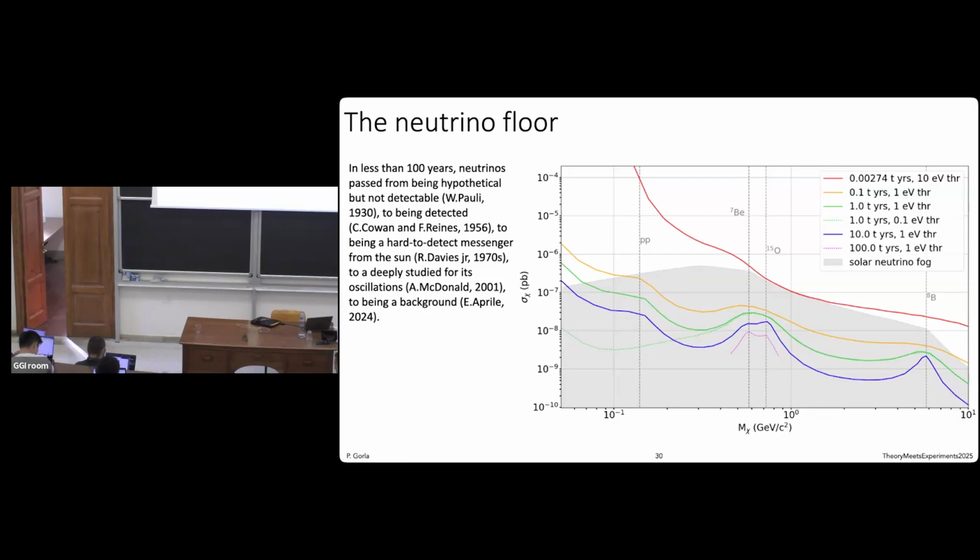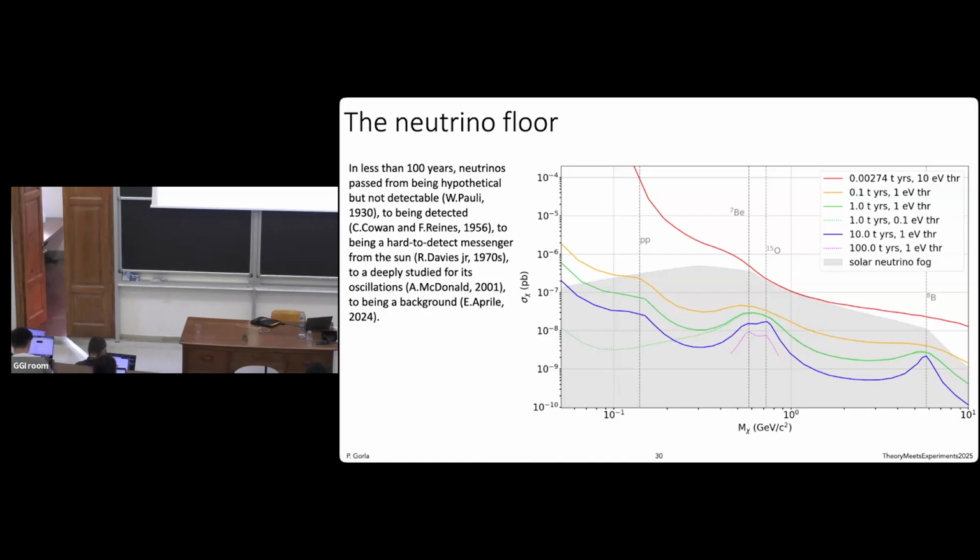And then it became a deeply studied particle for oscillation, and Ray Davis, McDonald, many of these guys got a fancy Nobel Prize medal for their studies. McDonald and the collaborators managed to disentangle the neutrino oscillation puzzle with the SNO experiment in 2001. So, let's say, recent years.